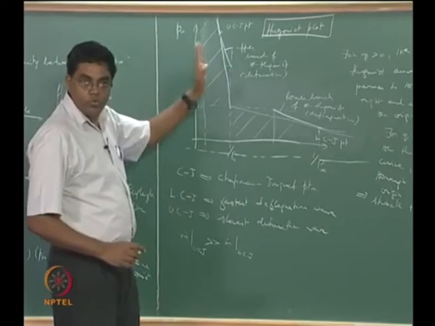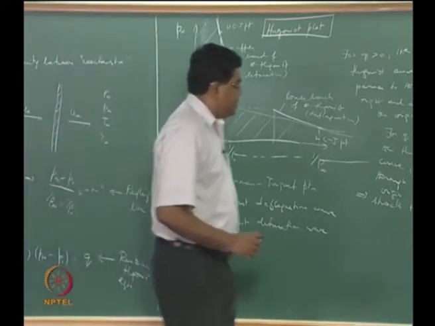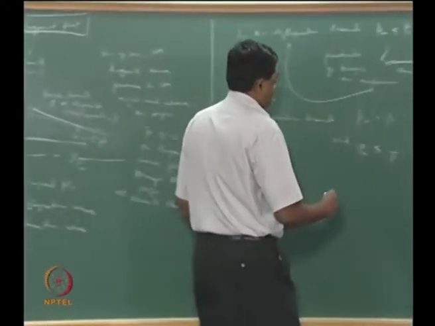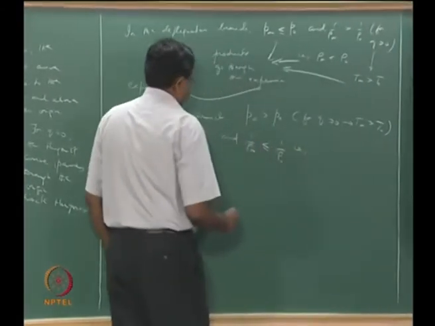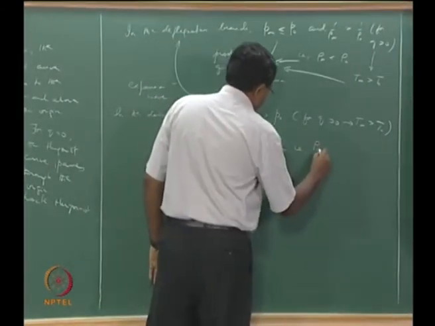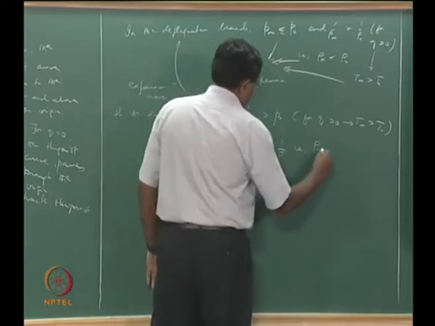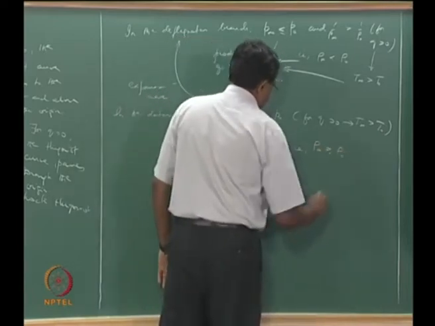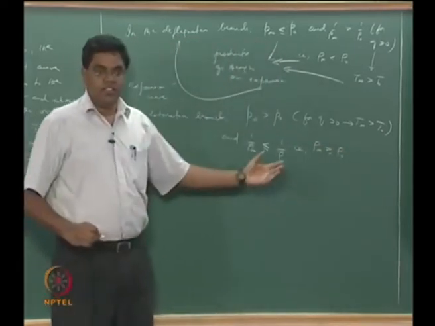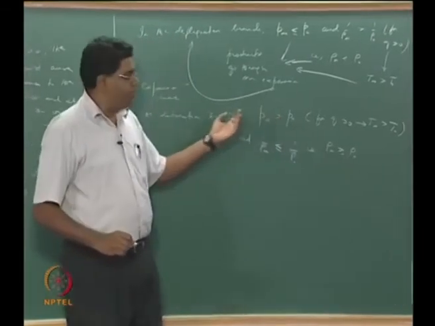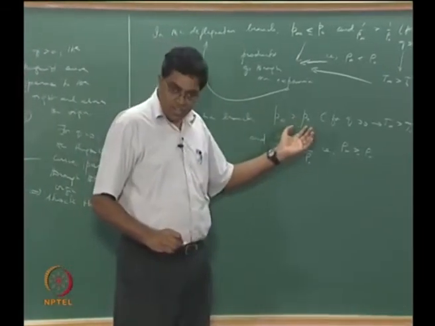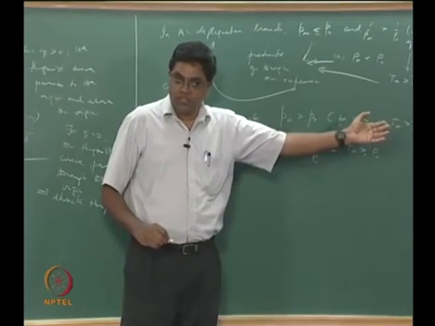All other 1 over rho infinities are going to be less than that, and this implies that rho infinity can be greater than or equal to rho naught. That means you now have a density increase corresponding to a pressure increase accompanying a temperature increase.